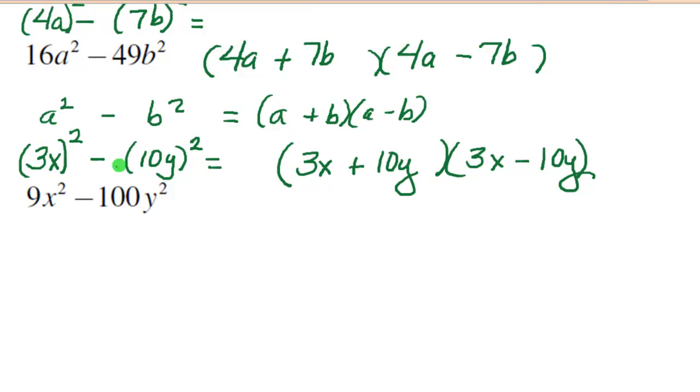See how we substitute 3x for a and 10y for b. Sometimes I have seen in students' papers that they do this first step and then stop and think that they factored the binomial, but the right-hand side is your factoring.